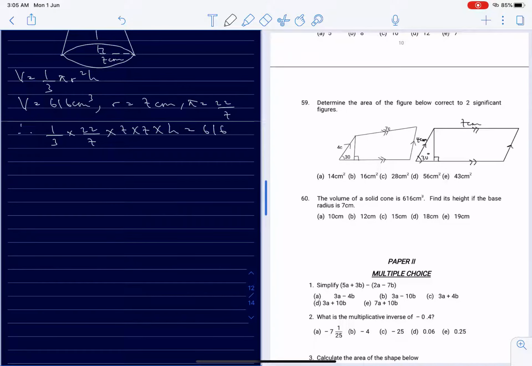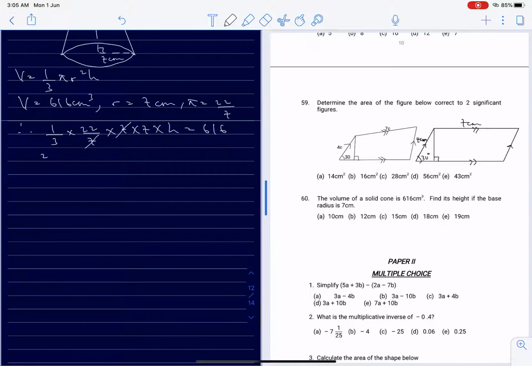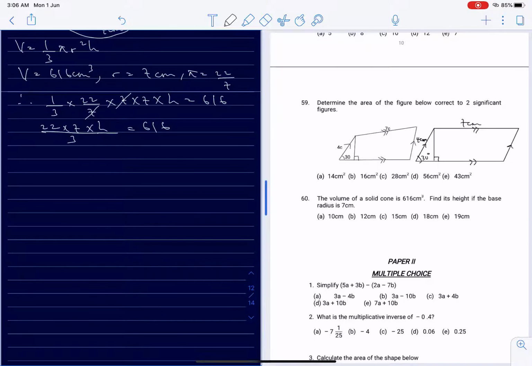That means 7 cancels 7, and we have 22 times 7 times h/3 equals 616. I want to make sure that's correct. Yeah, that's correct.